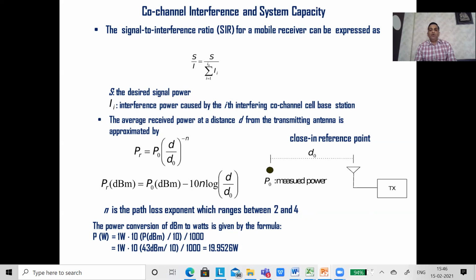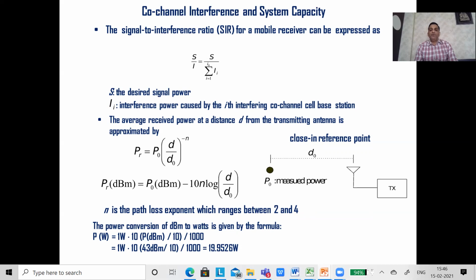Then every co-channel will be located at particular distance called capital D with the radius R, and the interference power caused by this ith interfering co-channel cell is called capital I.